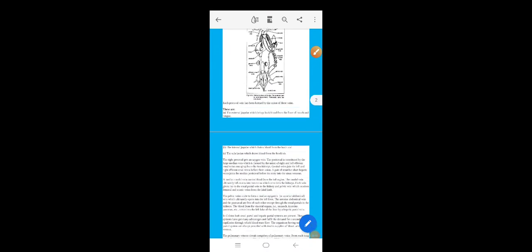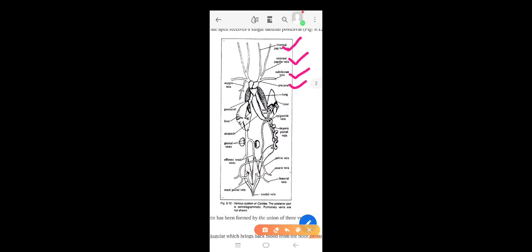Before going into the whole text, a look at the diagram of the venous system of the Calotus. Anteriorly, there are two veins, internal jugular and external jugular. Then they combine with the subclavian vein and form precavals of the sinus venosus.